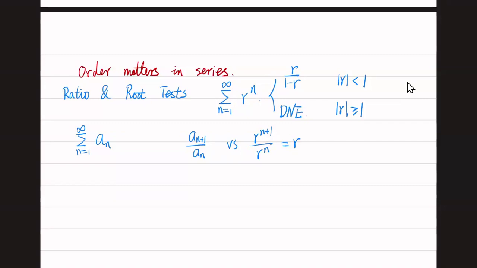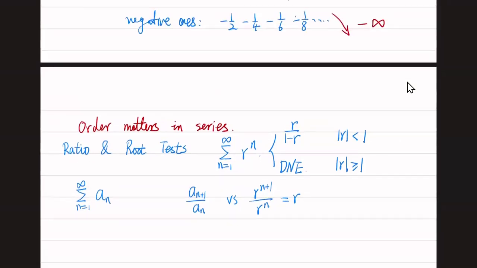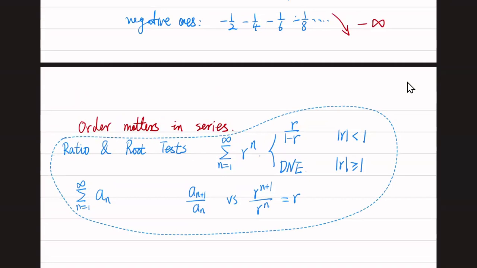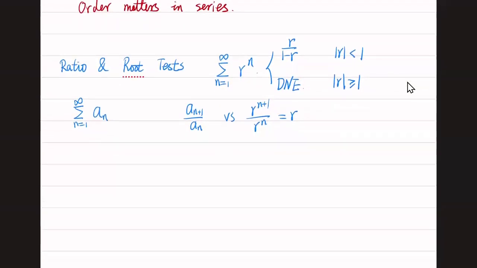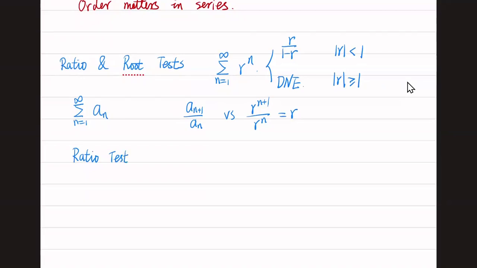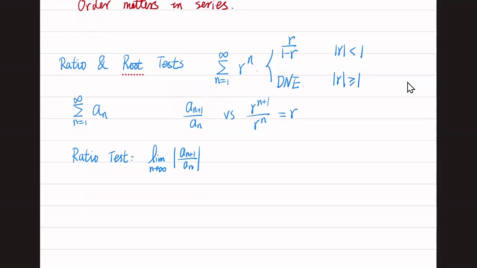So the ratio test: if the limit of this ratio equals r that is less than 1, then it's convergent.